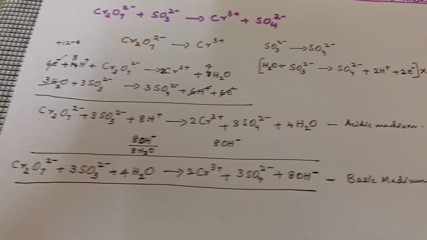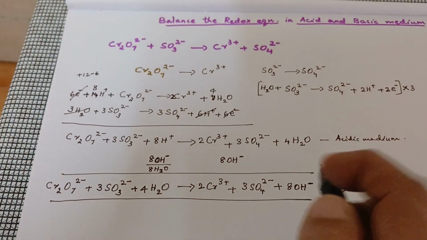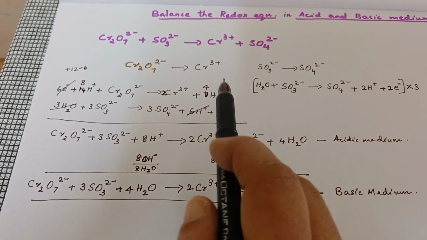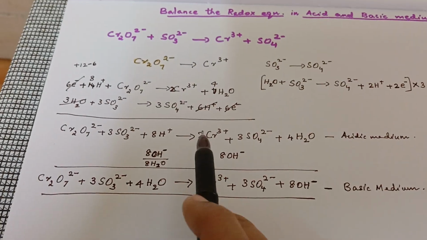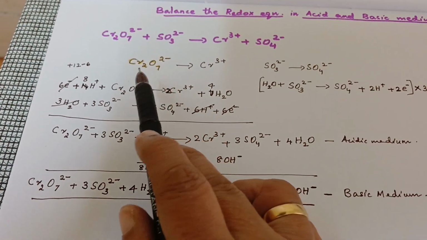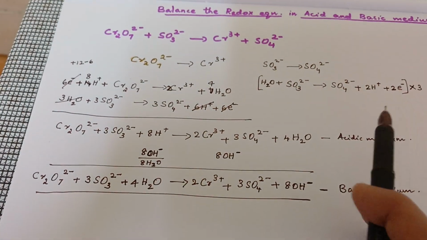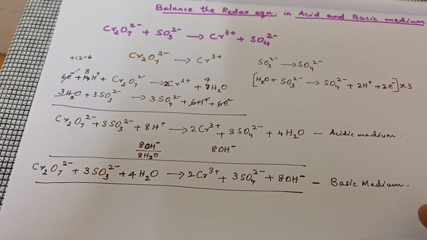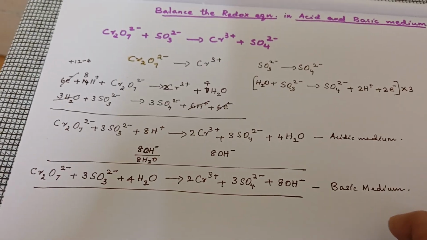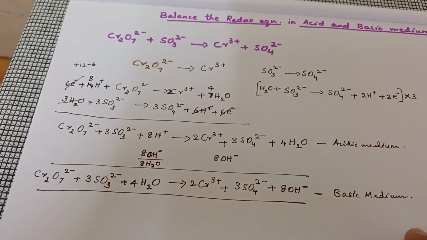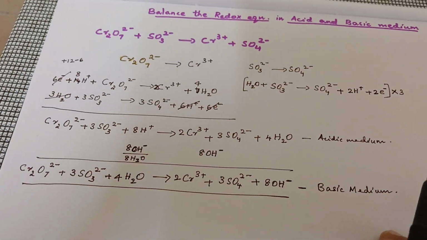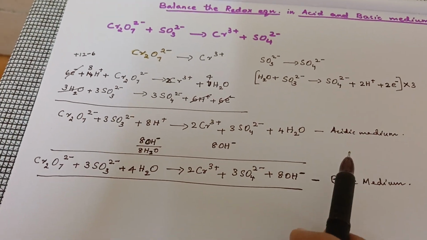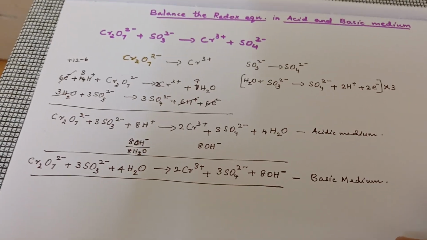So this is the balanced equation for basic medium. To summarize, first we divide the equation into two half reactions and then we balance each of them. First, atoms other than oxygen, then go for oxygen by adding water molecules, then balance hydrogens by adding H plus ions, and then balance the charges by adding electrons.